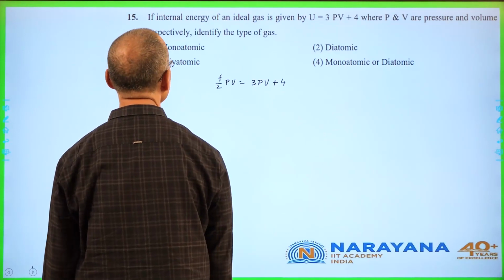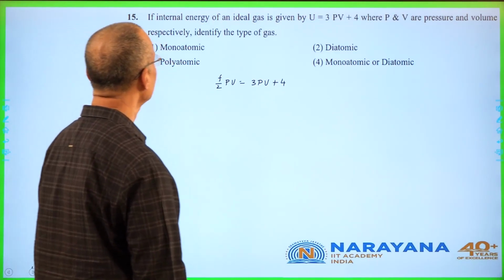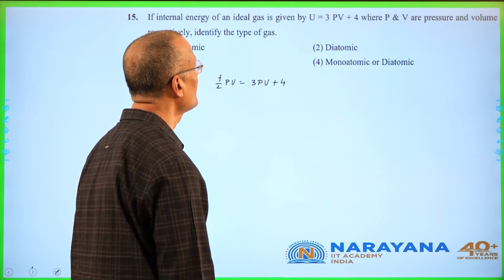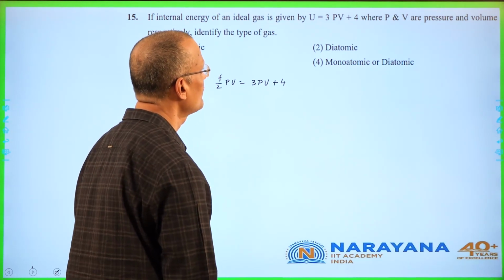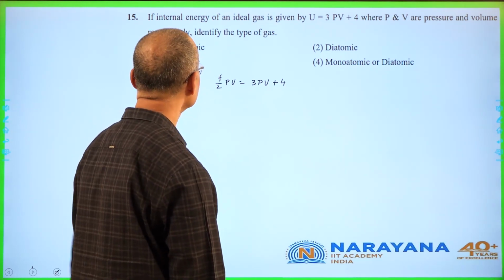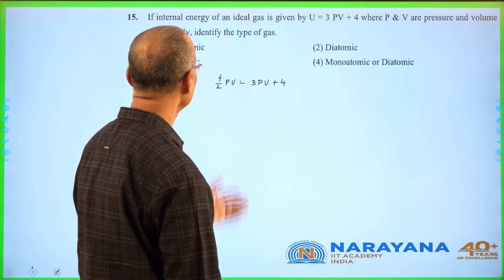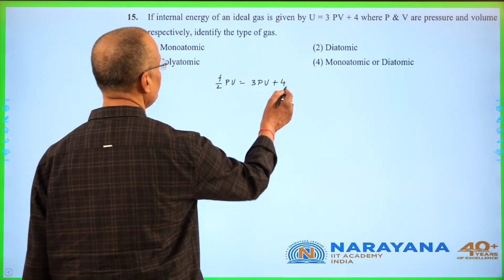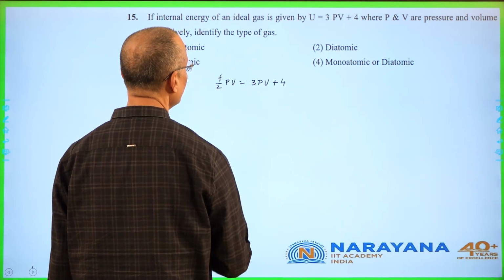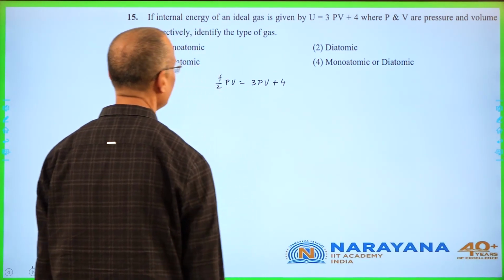Moving to number 15. If the internal energy of an ideal gas is given by U equal to 3 PV plus 4, identify the type of gas. U, already you know, is F by 2 PV, equal to 3 PV plus 4. How much are you going to get F?